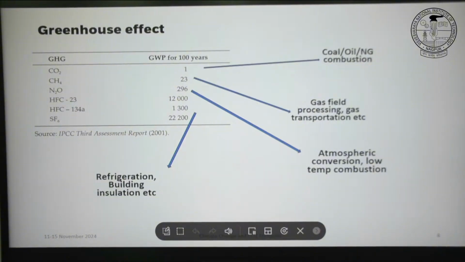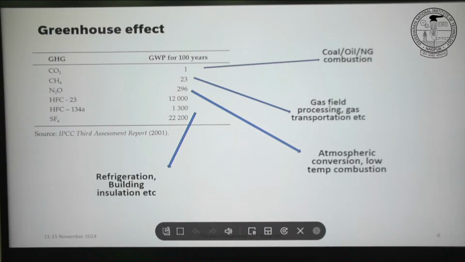So I don't know if you know methane, very innocent gas, but that's 23 times more global warming potential compared to CO2. If we are releasing 1 mole of methane, it's equivalent to release of 23 moles of CO2.